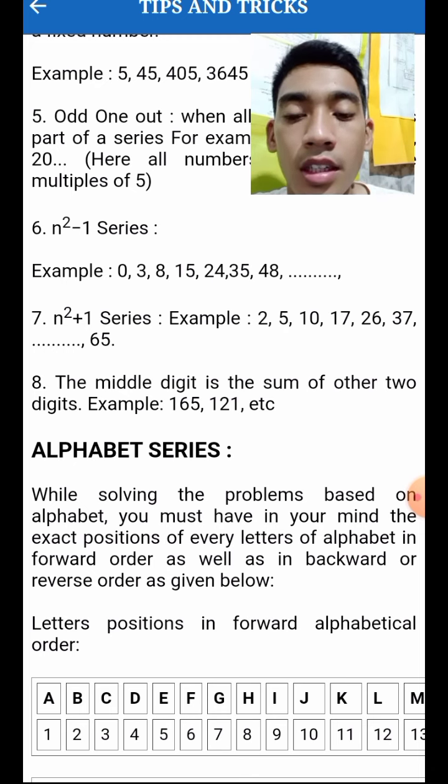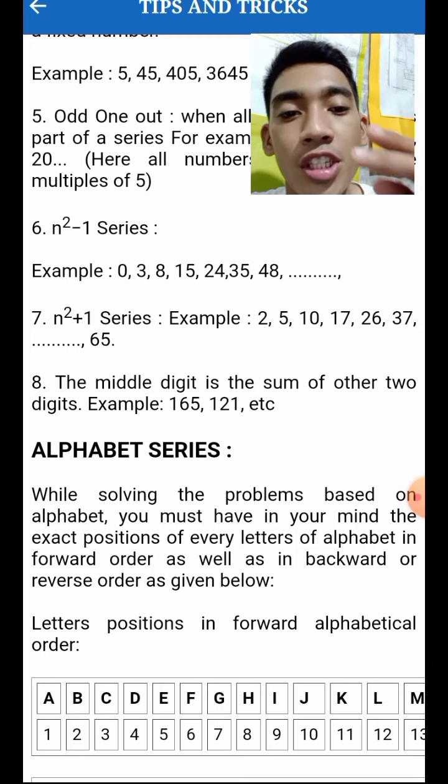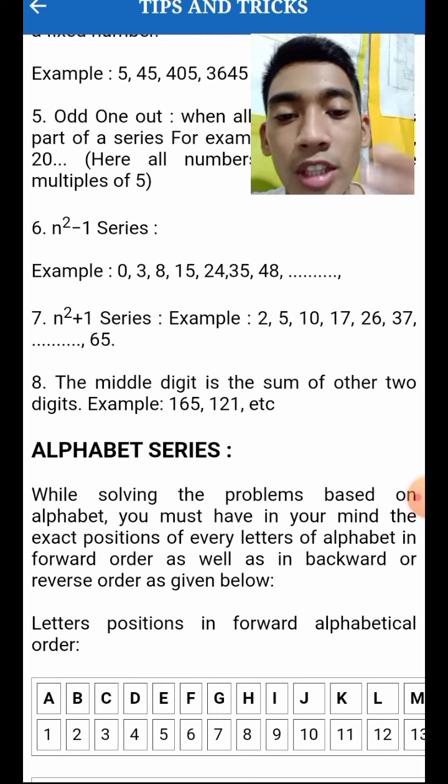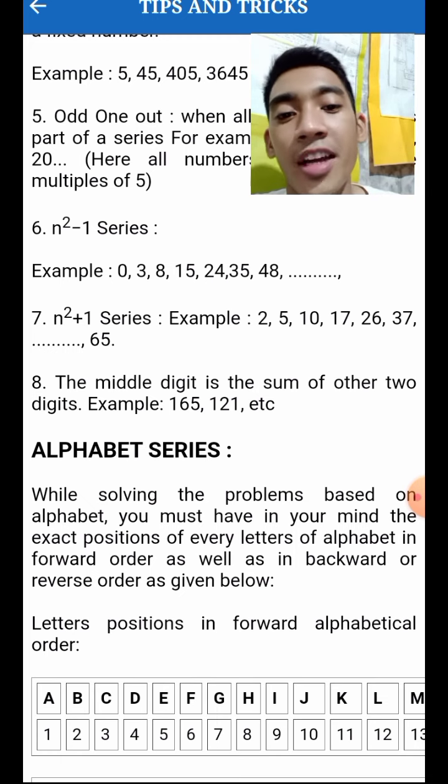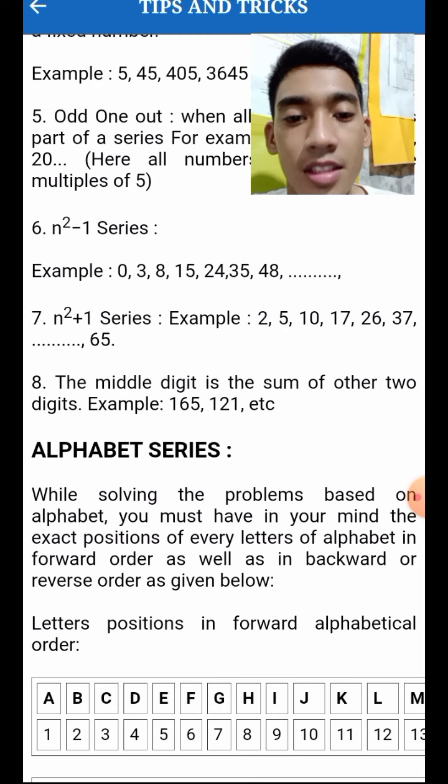Here, it's plus 1. Example, 2. 2 raised to the power of 2 will give us 4 because we multiply the base, which is 2, twice. So 2 times 2 is 4, plus 1 is 5. Okay, that's it.